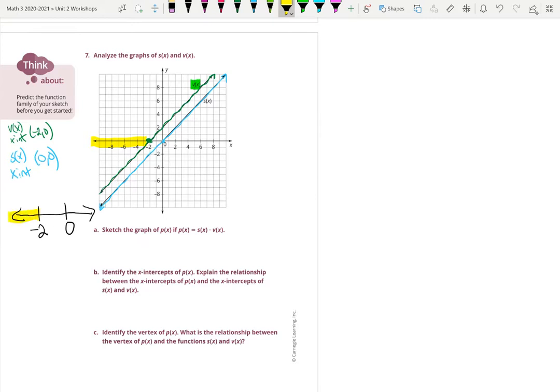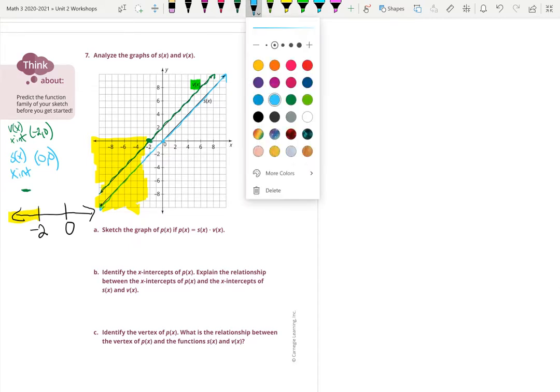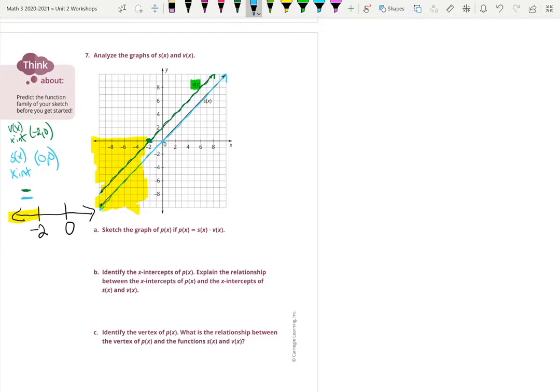All of these numbers, I'm looking at this entire space. Notice both the green function, v of x, is negative. Notice s of x is a negative number. A negative times a negative is going to be a positive.